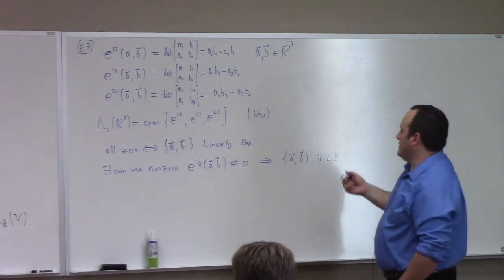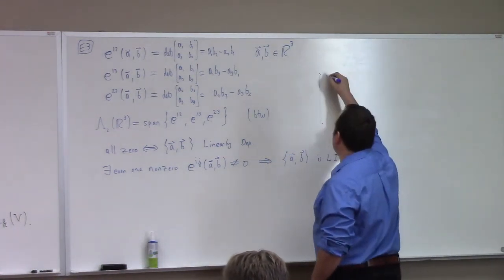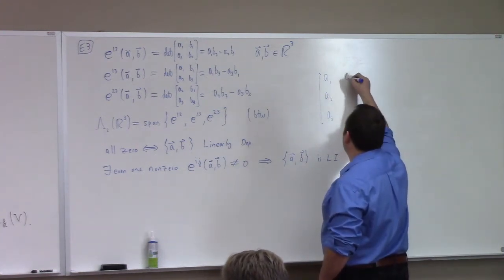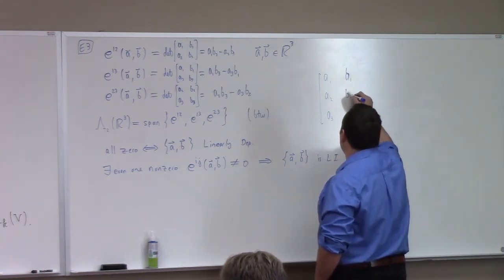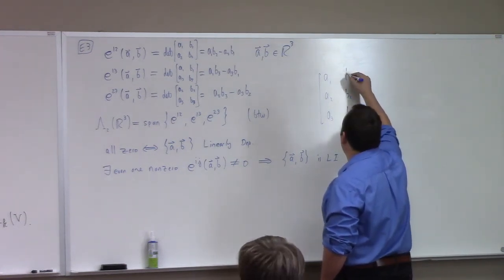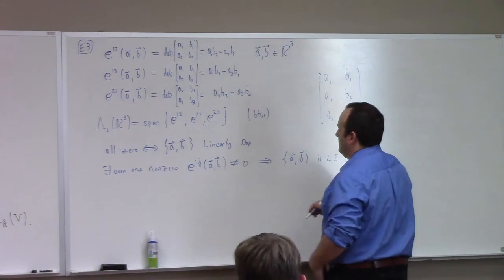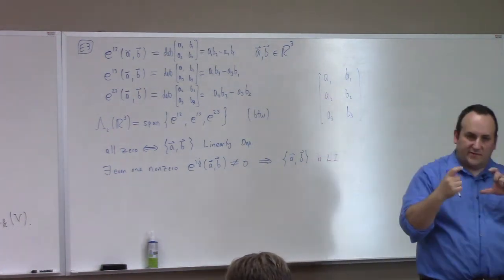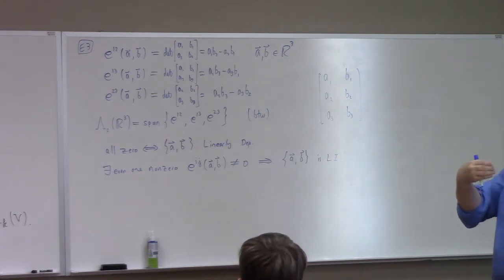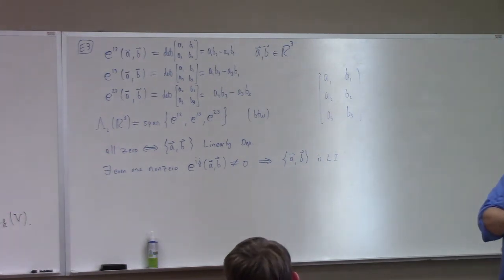So another way to look at this, of course, is if we just take the two vectors, A1, A2, A3, and B1, B2, B3. What are we doing? Well, we're thinking about taking the determinant of submatrices, right? So in some sense, these wedge products have some connection with determinants of submatrices.